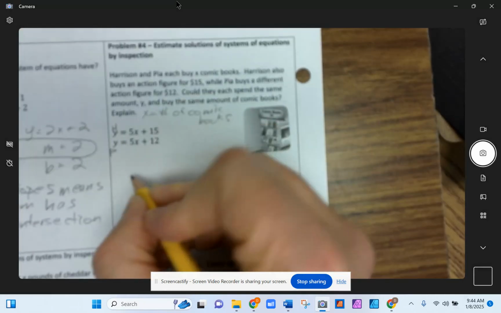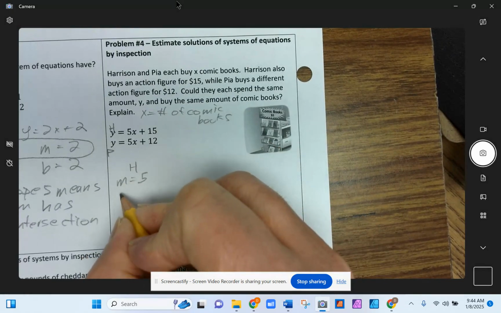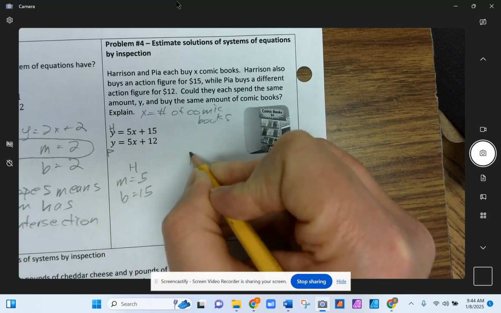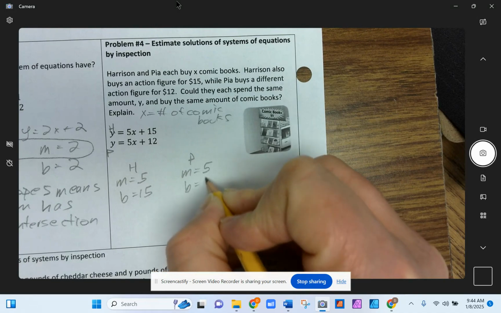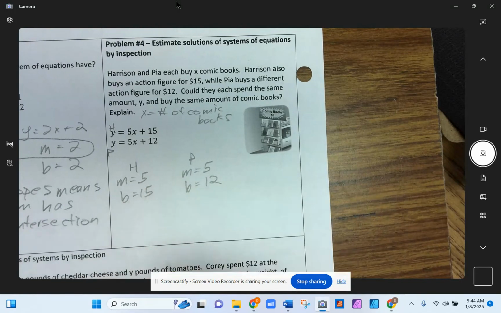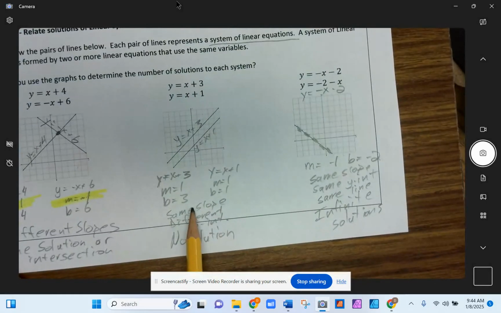Okay. And then we have Harrison with the first action figure, and Pia with the other action figure. So for Harrison, we have a slope of 5 and then a y-intercept of 15. And then for Pia, we have a slope of 5 as well, and then a y-intercept of 12. So we have the same slope, but different y-intercepts. And so we go back to this one, and we see same slope, different y-intercepts. We have parallel lines, so there's no solution, right?